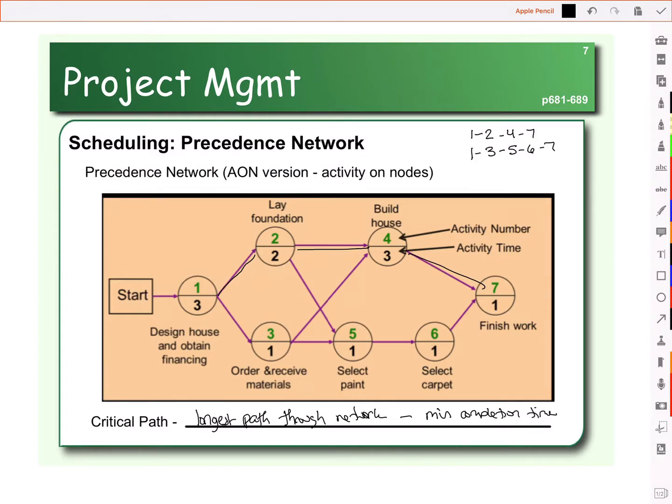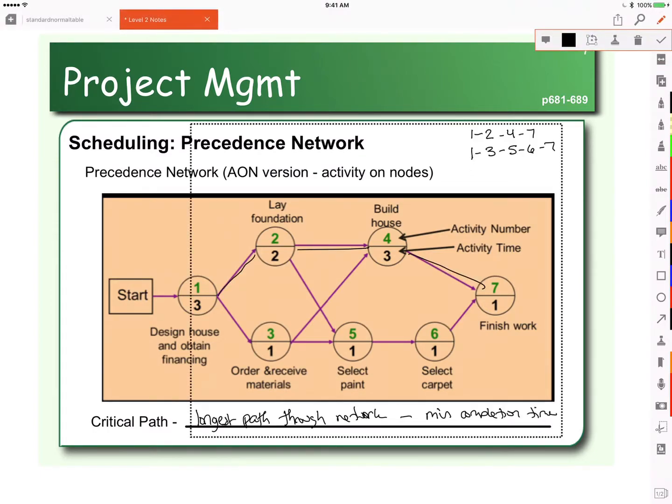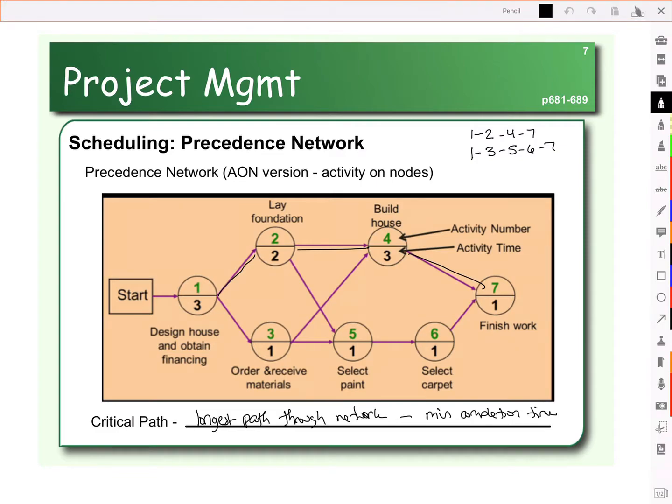Can you find other paths? 1, 2, 5, 6, 7. How about another path? 1, 3, 4, 7. So these are all the routes we can take to get from activity 1, designing our house and obtaining finances, all the way to activity 7, finishing the work. These are the different routes we can take.